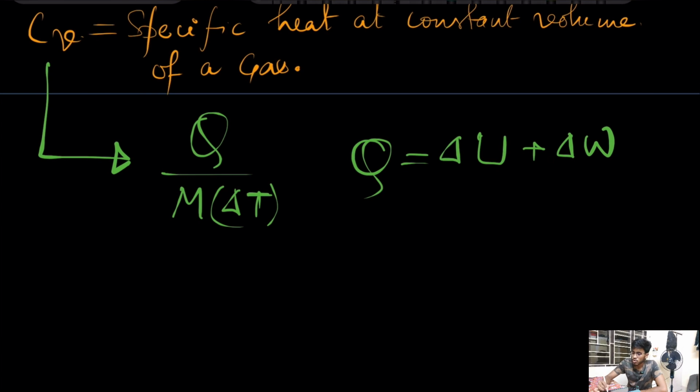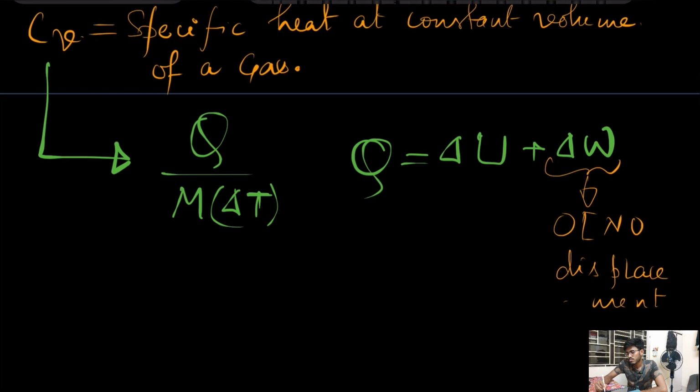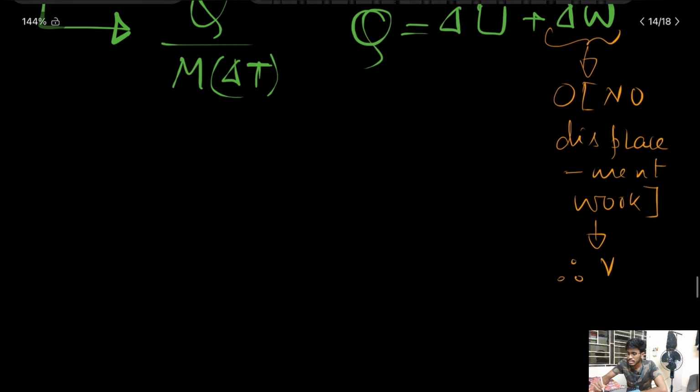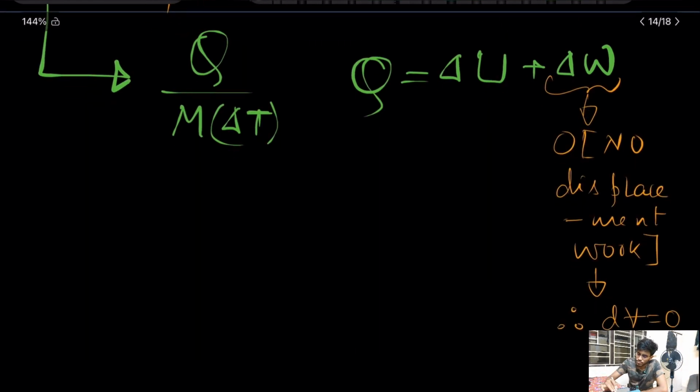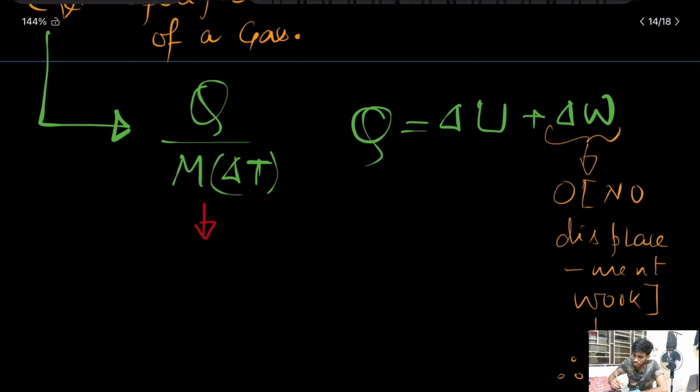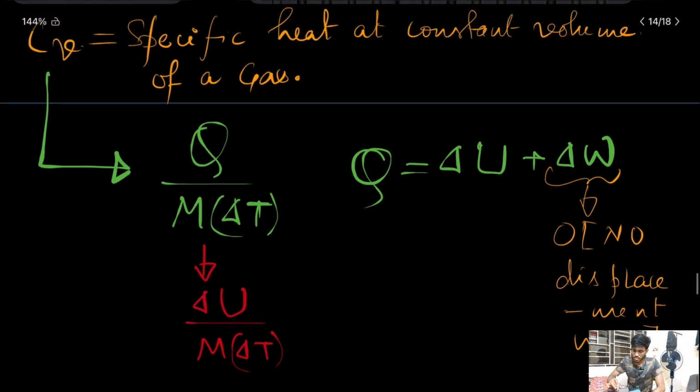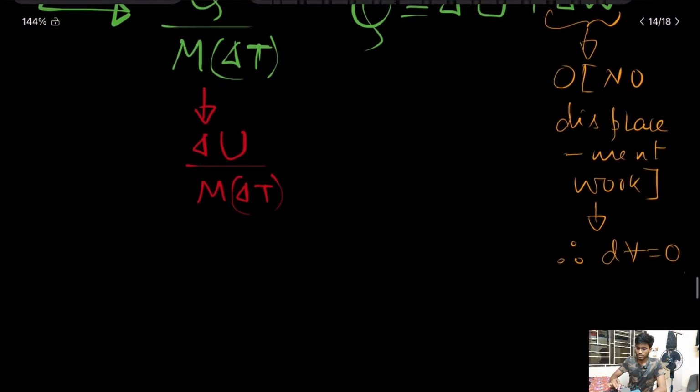Now if my work done is 0 because there is no displacement work, because my change in volume is 0, or I should write dV is 0, that means Q is equal to del U. So this is equal to del U by M del T, right?